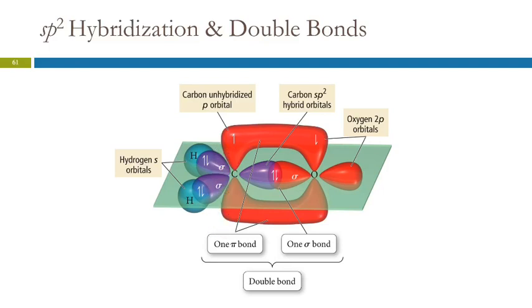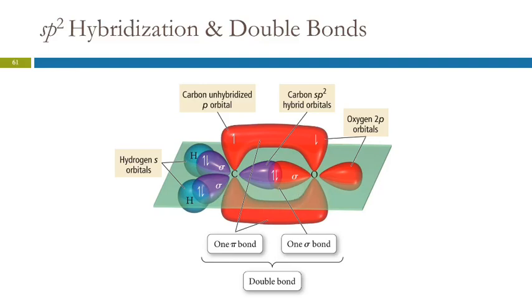It's not that the electron is just up here or just down there; it's in both places at the same time. And so what we have is an overlapping of that wave function, and so we get a bond. It's a single bond, but it occurs above and below the internuclear axis.